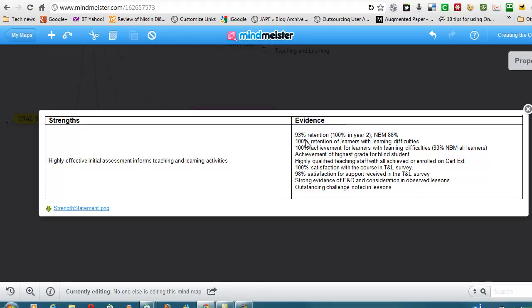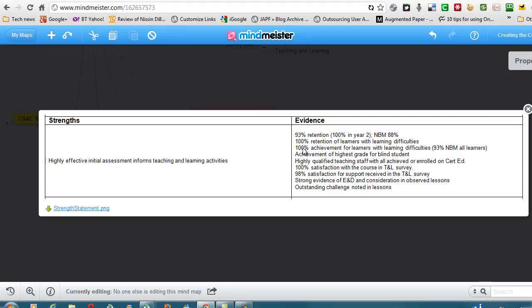Evidence statements will be factual and comparative. We are saying that 93% in one year, 100% in the second year are what we achieved in terms of retention. The national benchmark is this. We are saying we got well above benchmark. This is undoubtedly a strength, and we say that that has happened because of our initial assessment.